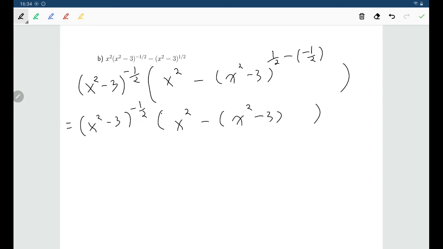And now the only thing left to do to simplify this is, inside of this bracket, x squared minus 3, the x squares will cancel out. We'll subtract negative 3, that'll make positive 3. And that x squared minus 3 to the negative a half that I had here, I'll put in the denominator as x squared minus 3 to the positive a half. And there we go.